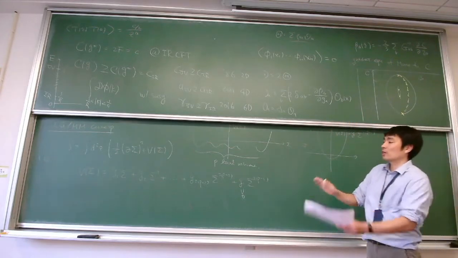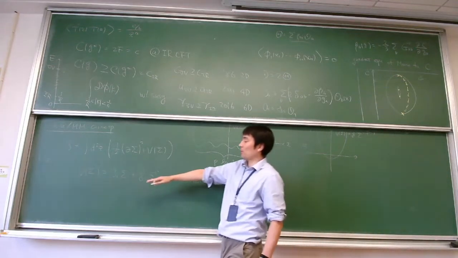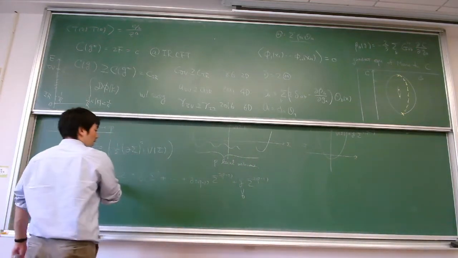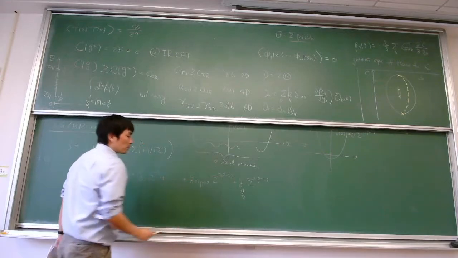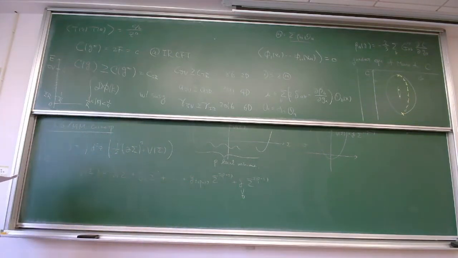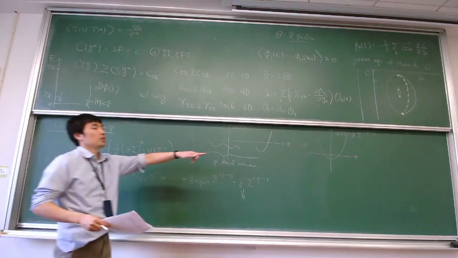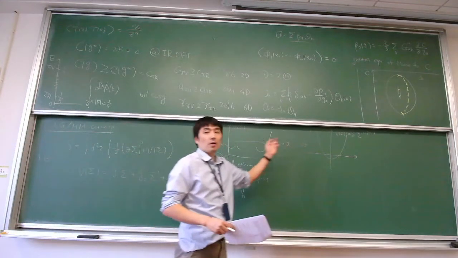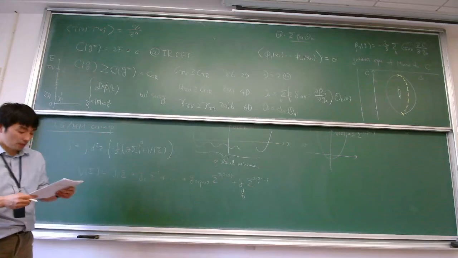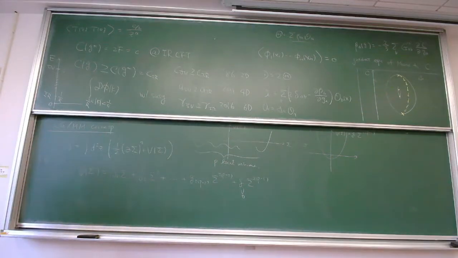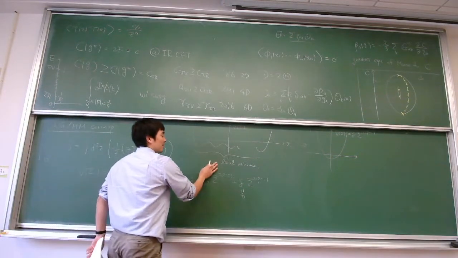Everything is degenerate. But if you perturb the potential by adding this scalar field term, you can perturb this potential into p minus 1 local minima. Sorry, p minus 1. You should correct me.